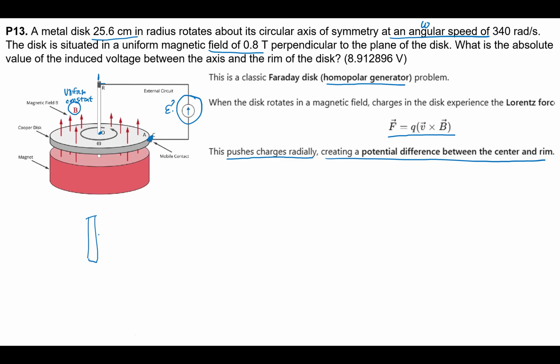So remember that in the case of the rod, it is moving with a linear velocity in a certain B. Then you generate the charge separation at the ends of the rod.